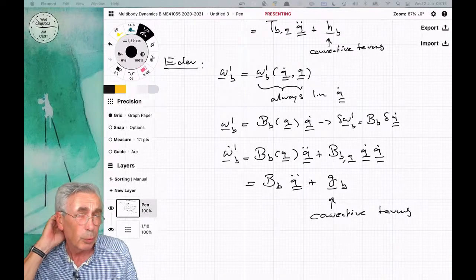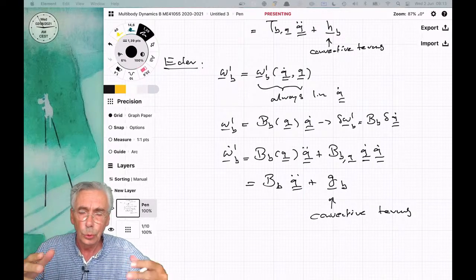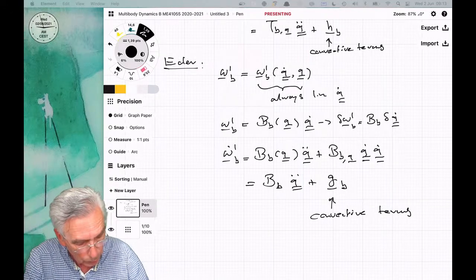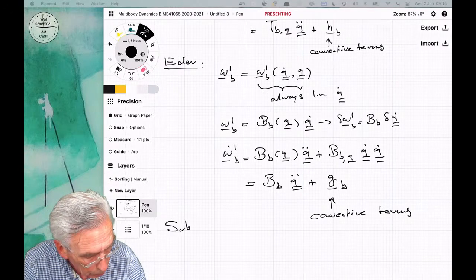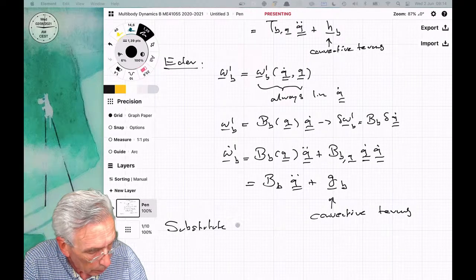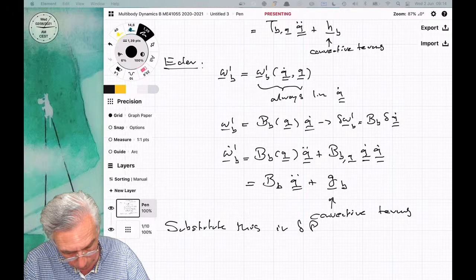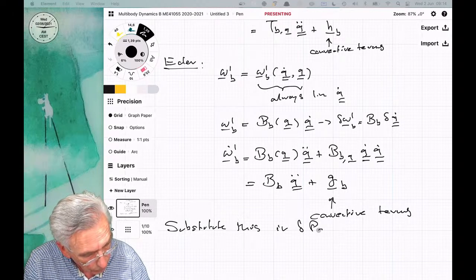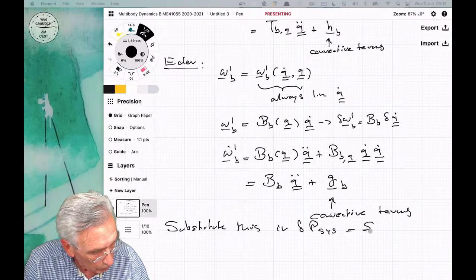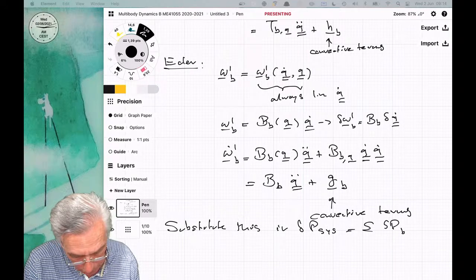I think we now have our whole toolkit filled with all the stuff. So what we do is we then substitute this in the virtual power expressions for the system, which is then the sum, of course, of the virtual power of all the bodies.